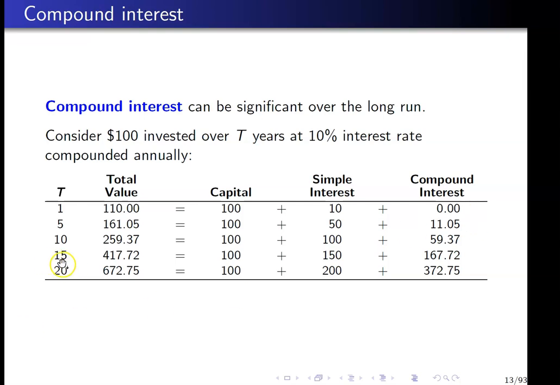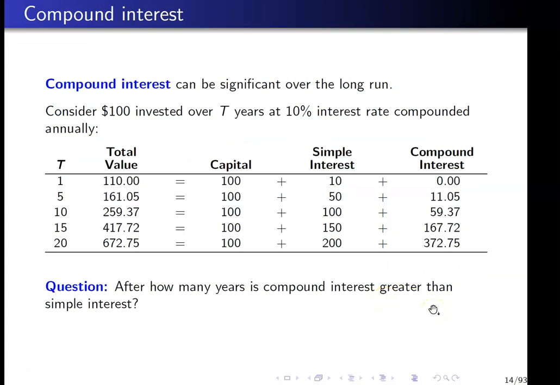After 15 years, the account is worth $417.72, which is the $100 in capital, $150 of simple interest, 15 times 10, plus $167 of interest on interest. So at this point, compound interest is larger than simple interest.